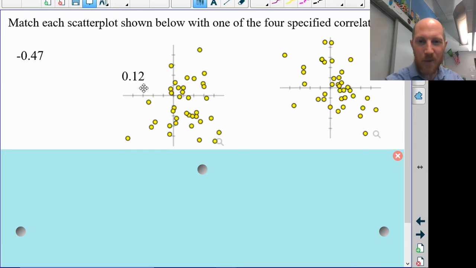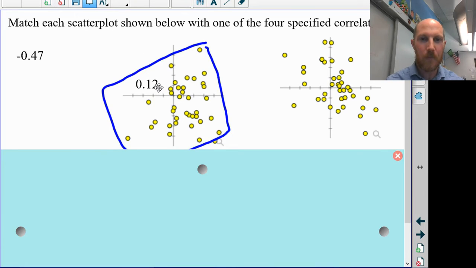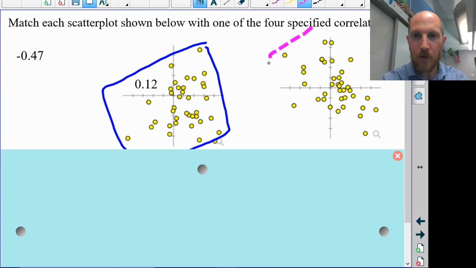Okay, it kind of looks like maybe the dots are sort of a tiny bit trending. If I'm drawing a rectangle here, kind of aimed uphill a little bit, so I could see that this might be a positive value. Right. This graph, if I do my rectangle, somehow I got a dotted line.